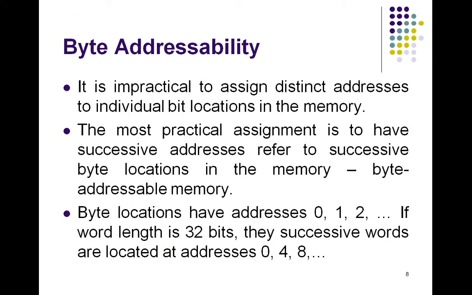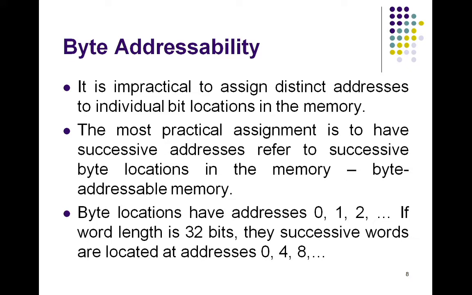The next important concept is byte addressability. We now have three basic information quantities to deal with: one is the bit, the other is the byte, and one more is the word. These are the basic information quantities to deal with memory. As you know, a word is a collection of bytes.